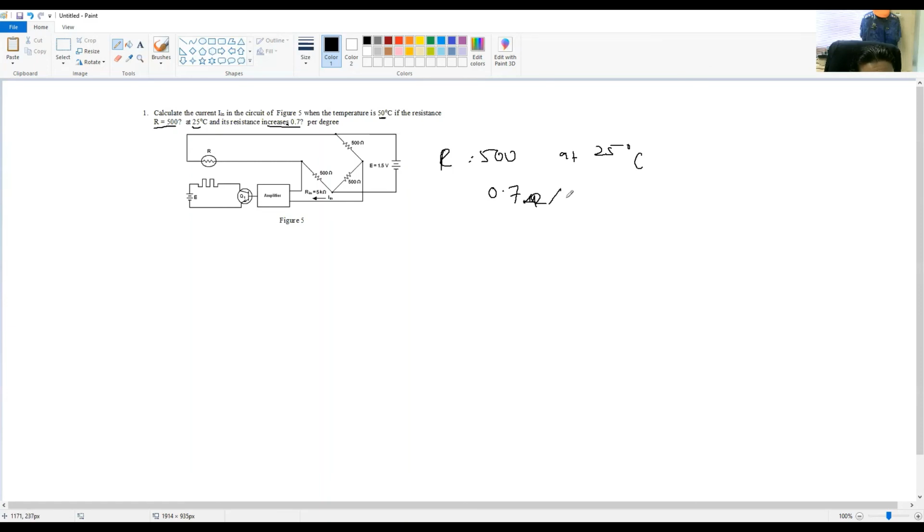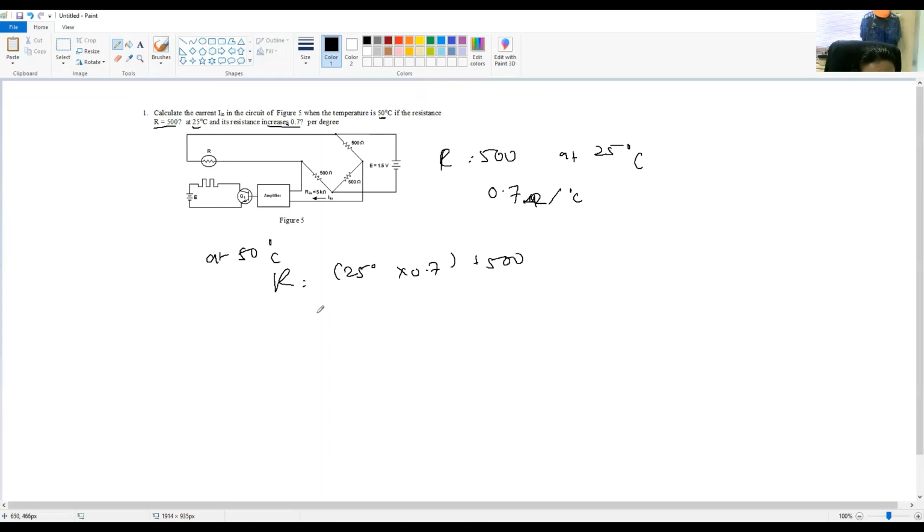per Celsius. So at 50 degrees Celsius, that's the formula: 25 degrees Celsius multiplied by 0.7, then plus 500.